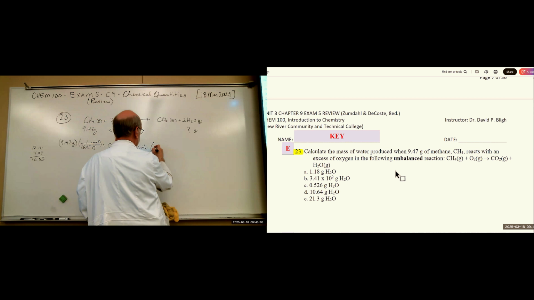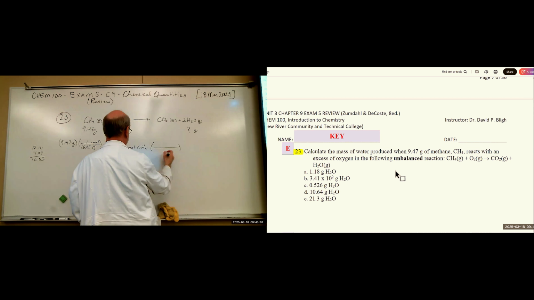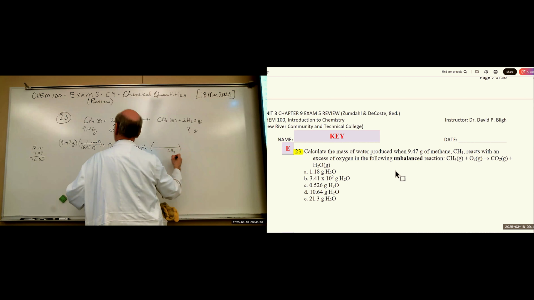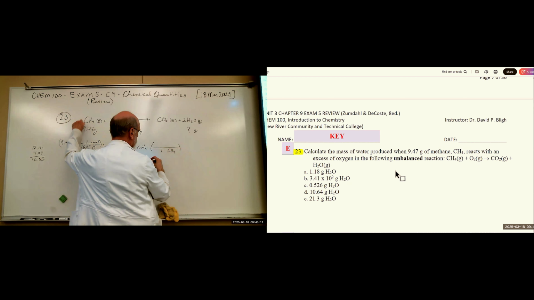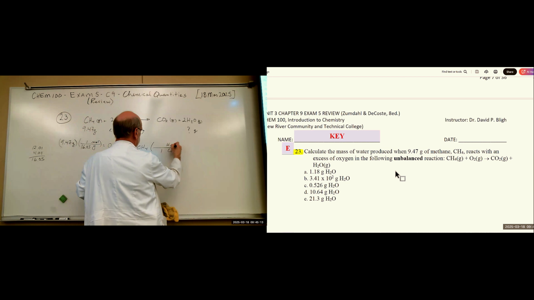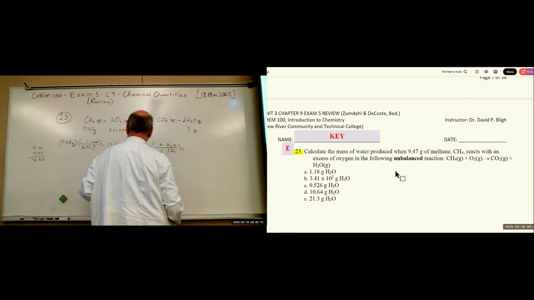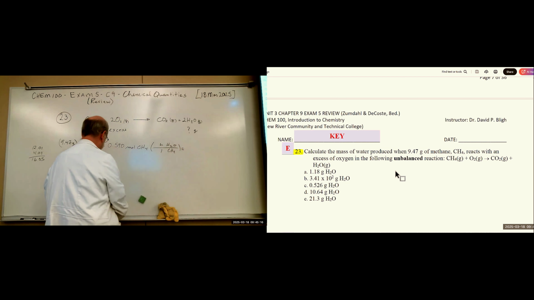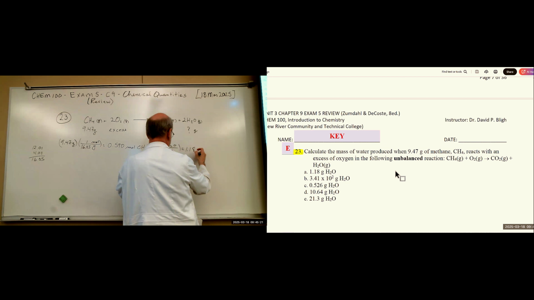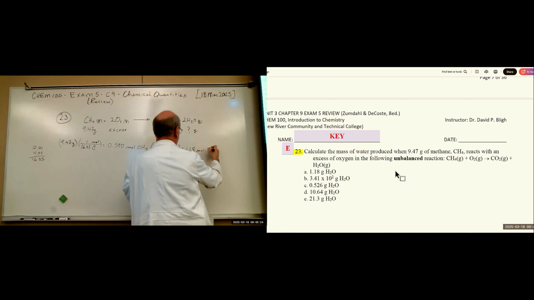Now we want to convert it to water. So methane is 1 coefficient and water is 2. So that would be 1.18 moles of water.